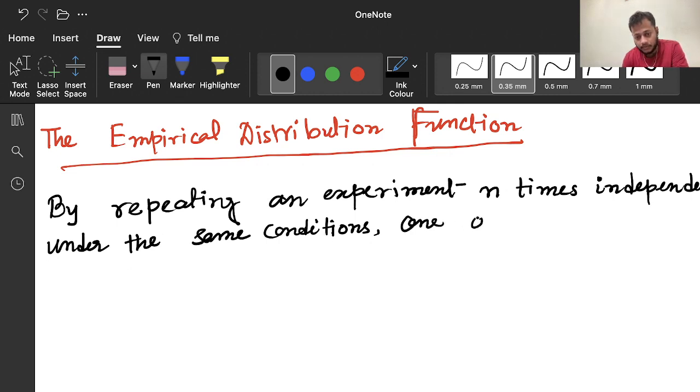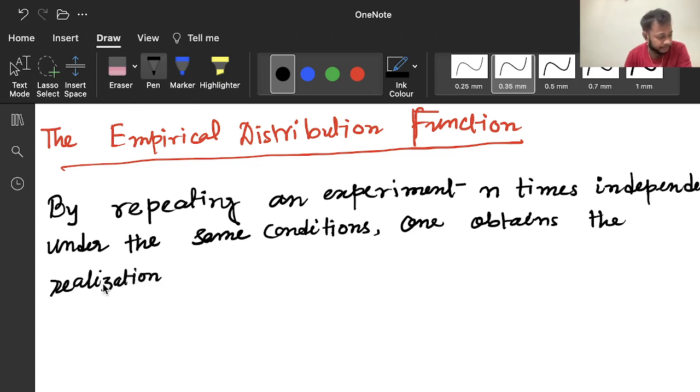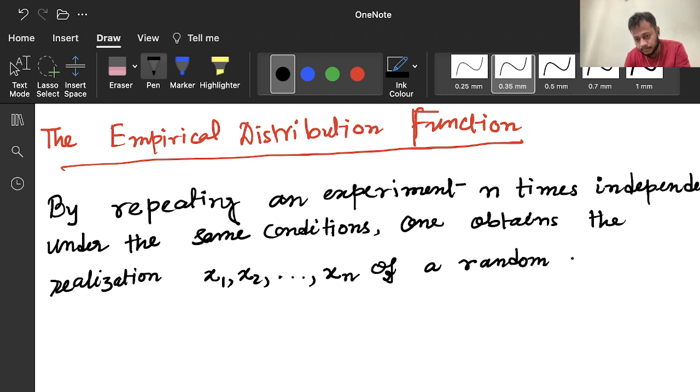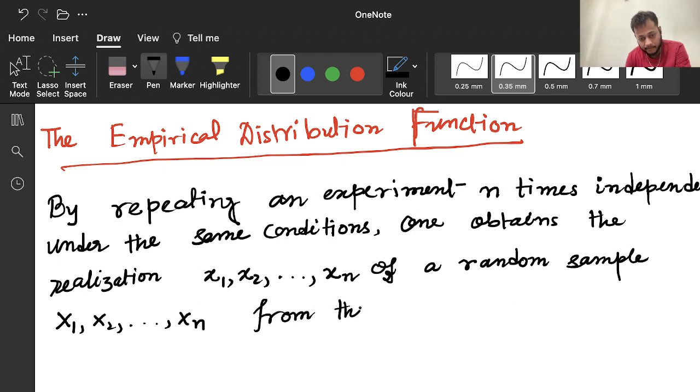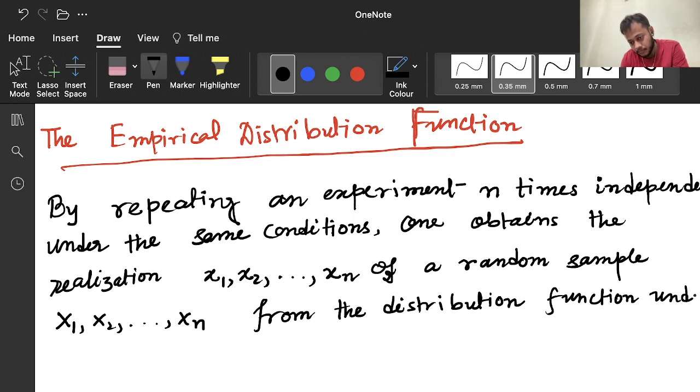one obtains the realization x1, x2, ..., xn of a random sample x1, x2, ..., xn from the distribution function F(x) under investigation.